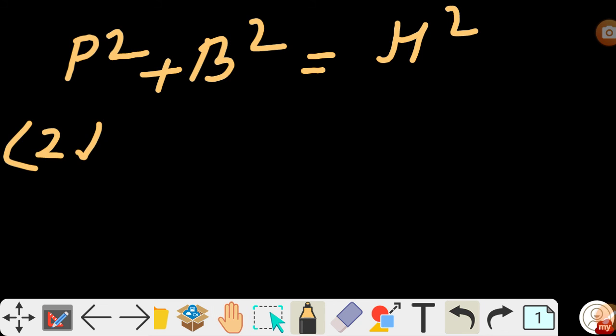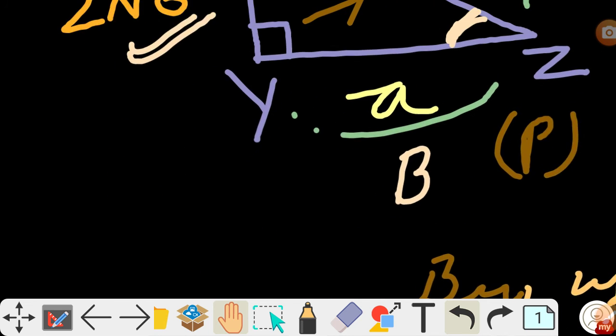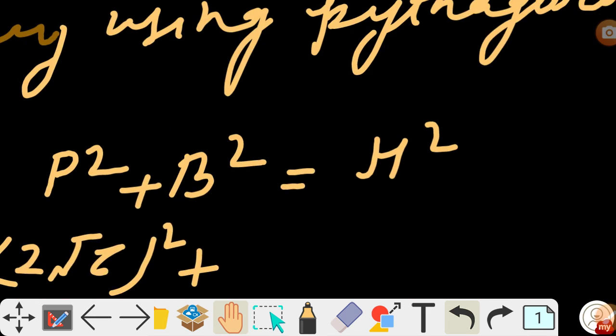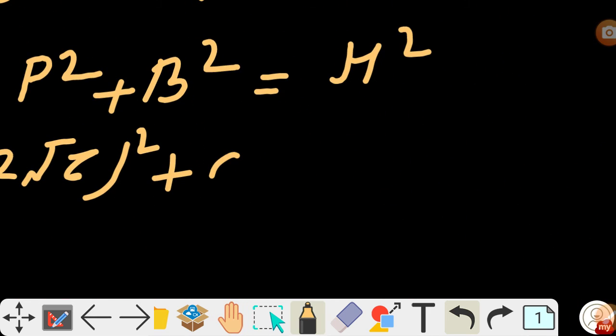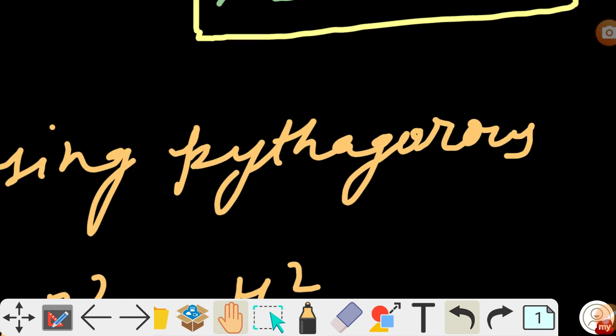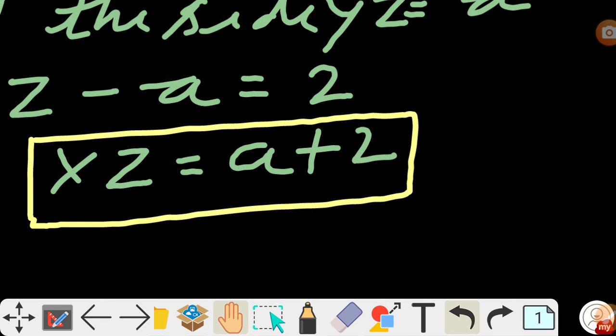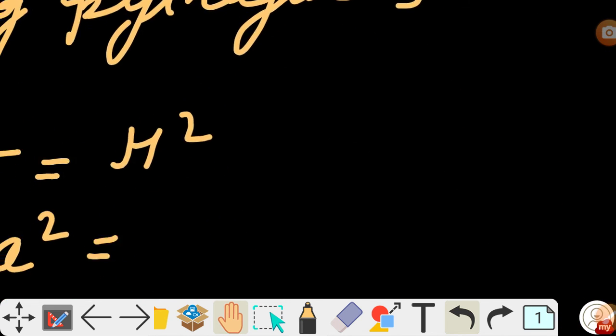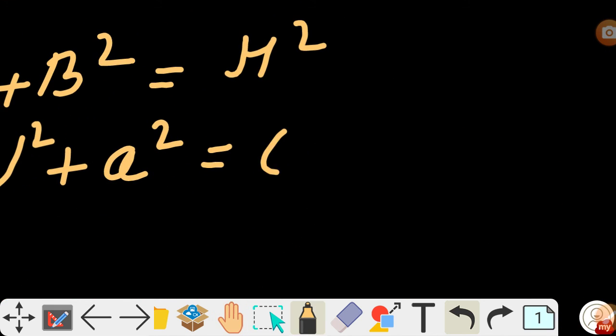We have (2 root 6) square plus base square. The value of the base, let the base XZ be a. So applied here, a square equal to the hypotenuse. Here we have XZ, which acts as the hypotenuse, which is (a plus 2) square.